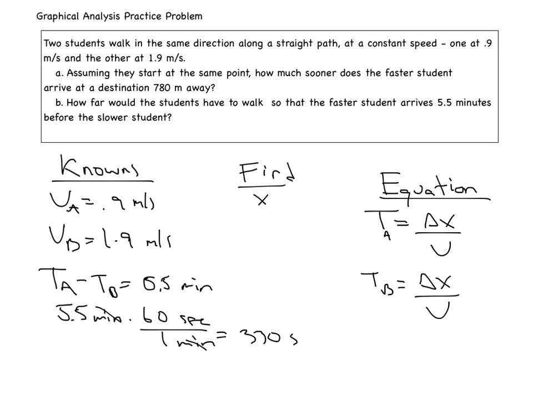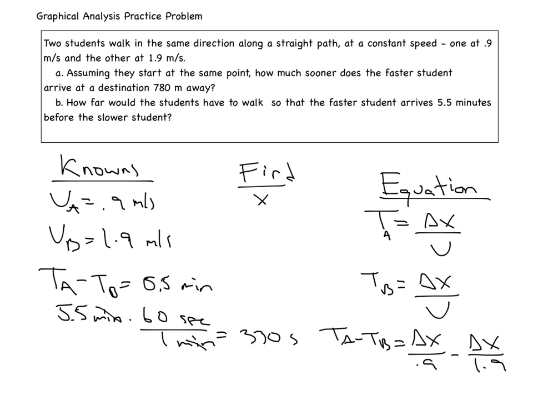So we're going to do tA minus tB, which is equal to delta x over vA, which is 0.9, minus delta x over vB, which is 1.9. And we know this tA minus tB is 330.